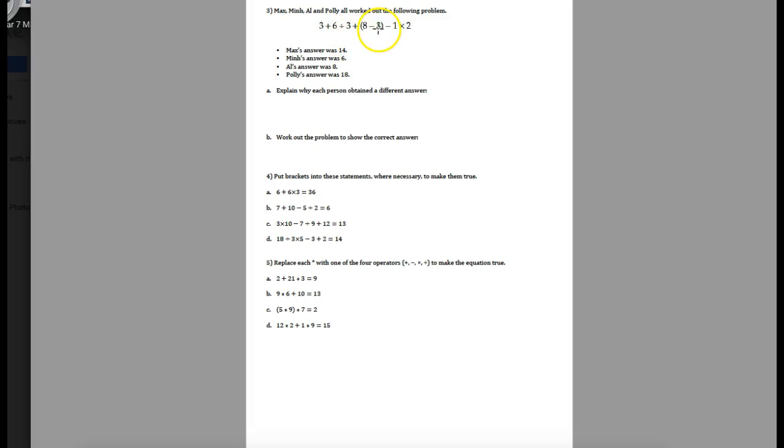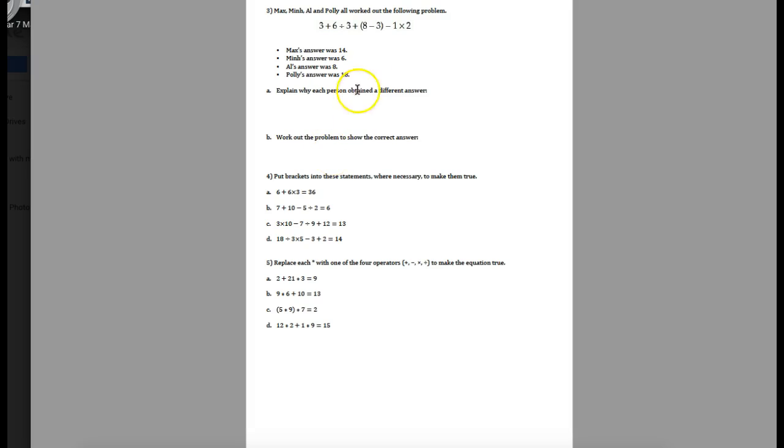Maybe work out what the correct answer is first. Maybe he did the 3 plus 6, which is 9, and then divided it by 3. So you need to think about each person. How did they get the answer? Which mistake did they make? Maybe none of them got it right, because question B is work out the problem to show the correct answer.